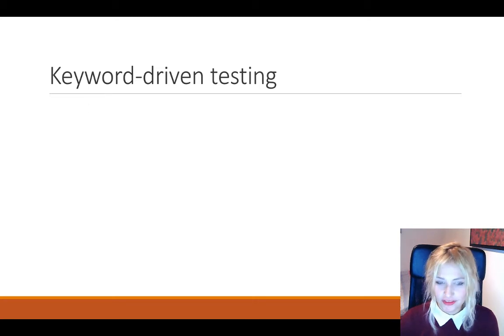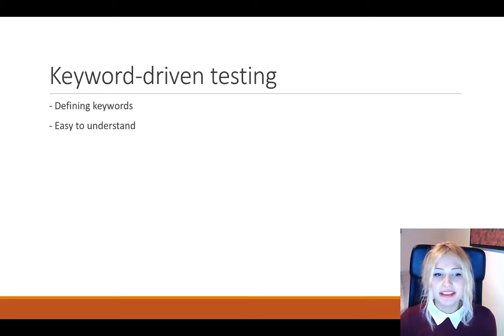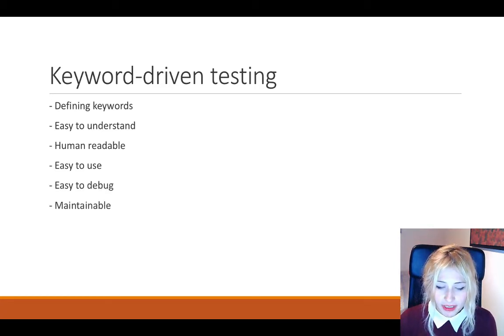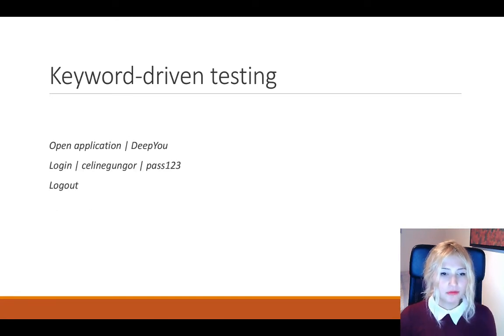It's really easy to understand and human readable, because your test cases are just keywords. It's like test documentation with test automation code, and it's easy to use, easy to debug, and maintainable. I'm going to talk about it in depth now.